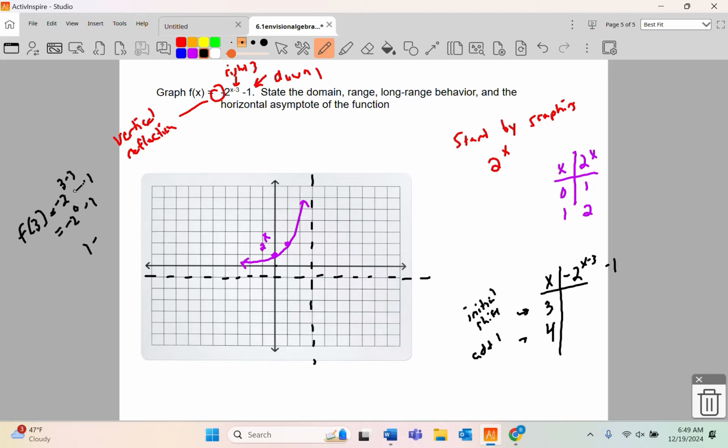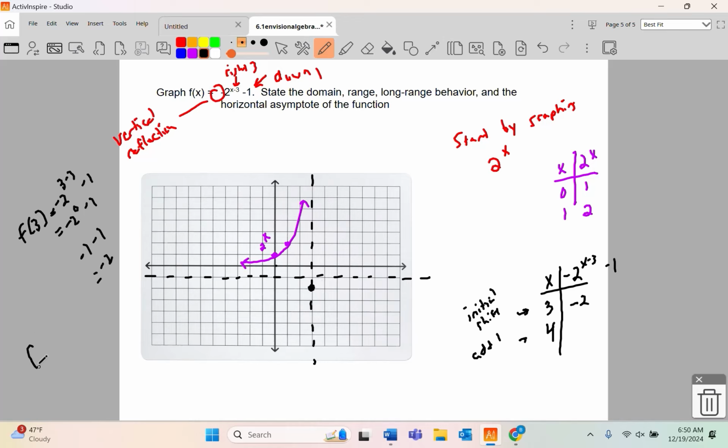Now this happens to actually be, forgive me, this happens to be a negative 1, minus 1. So it's actually negative 2. That will get some kids. I know it's not the negative 2 that's to the 0, it's the 2 that's to the 0. So I get to put a point at 3, negative 2.